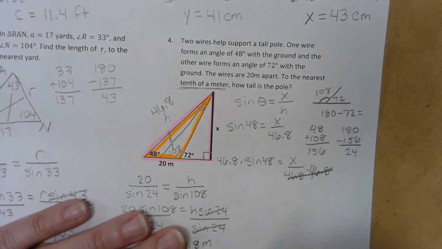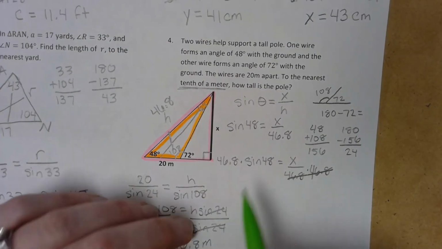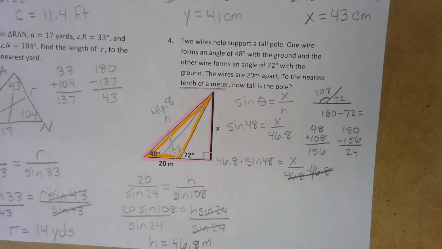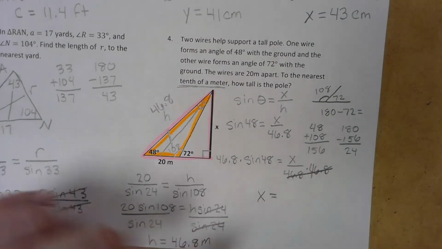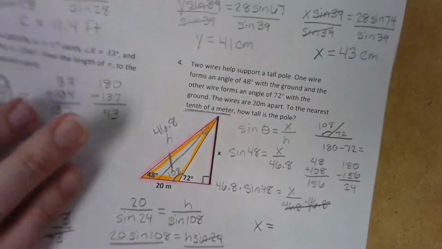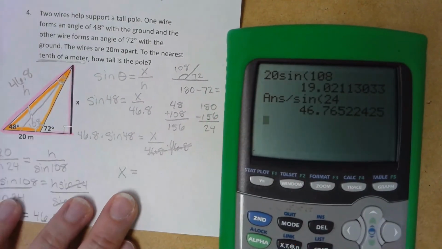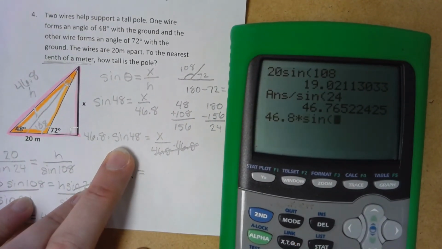I just rewrote it so you can see what we're doing there. I'm multiplying by 46.8. And again, we don't touch our calculator until our variable's by itself, which it is now. So x, which is the height of our pole, is going to be 46.8 times sine of 48.